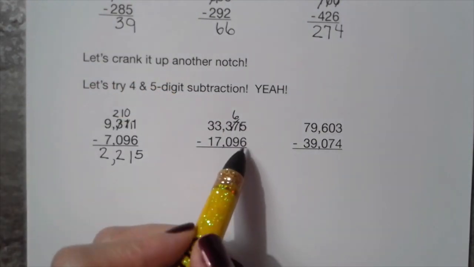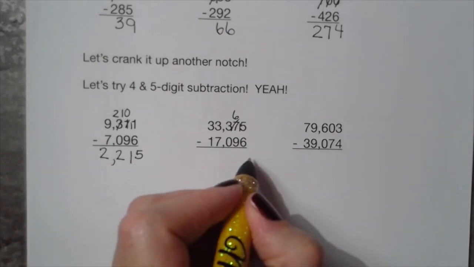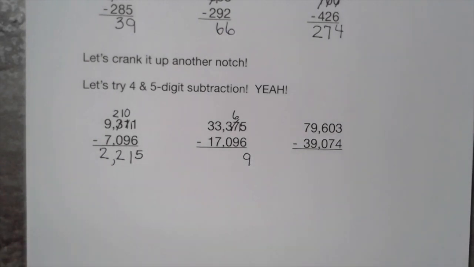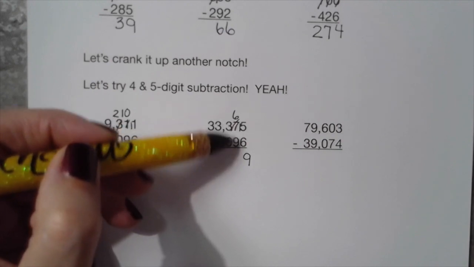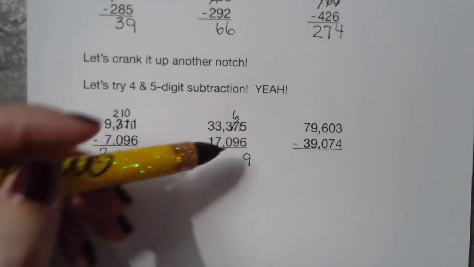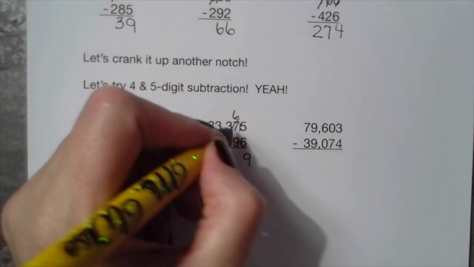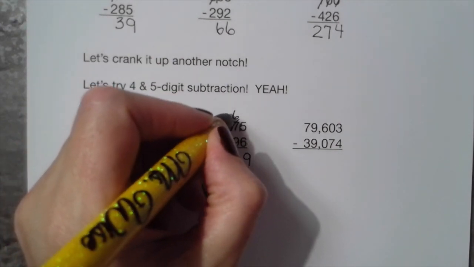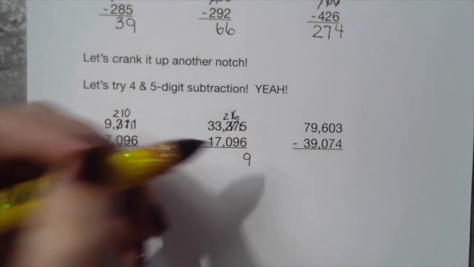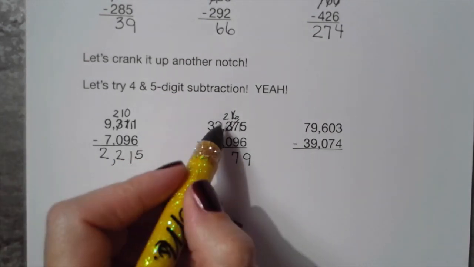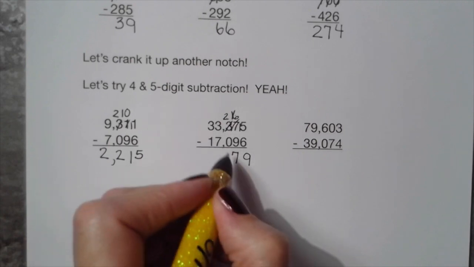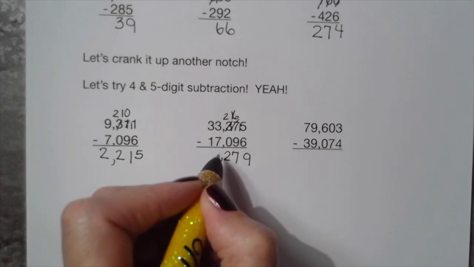So now I have 15, subtract 6 is 9. Well, now in my tens place I have a problem because I have 6 subtract 9. I totally can't do that. So I'm going to have to go next door and get 10 more. Now I have 16, subtract 9, and that's 7. 2 subtract nothing is 2.